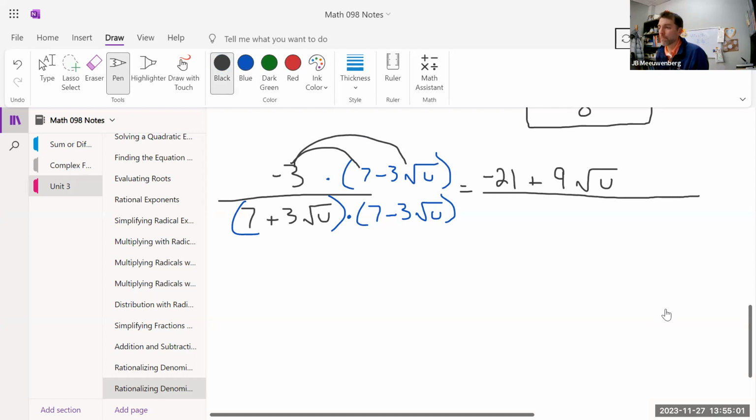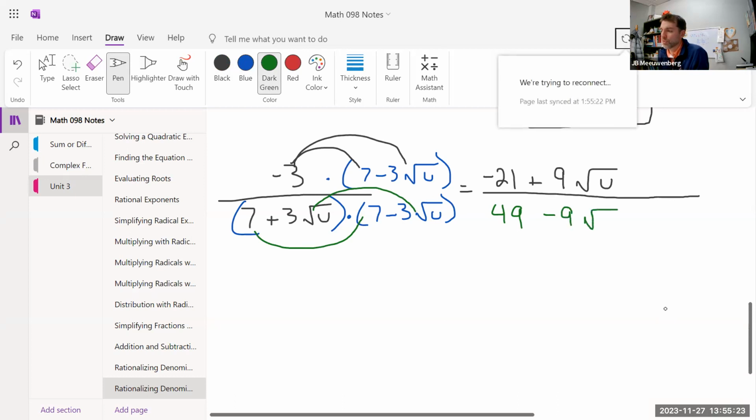Now down here, I'm going to show you a shortcut here. Use it if you like. Don't use it if you don't. We're going to do 7 times 7, which is 49. And then we're going to do the last times the last, right? 3 radical u times minus 3 radical u. That's going to be minus 9 times the square root of u squared.